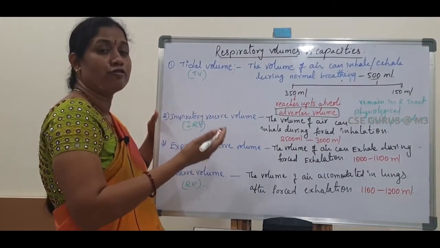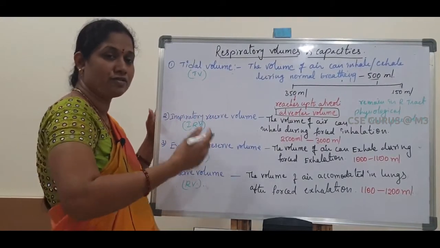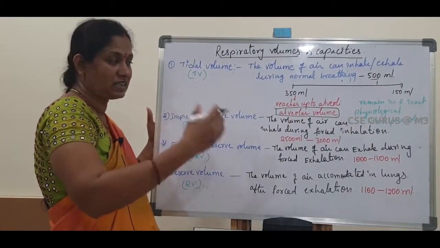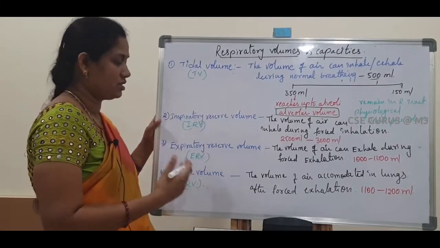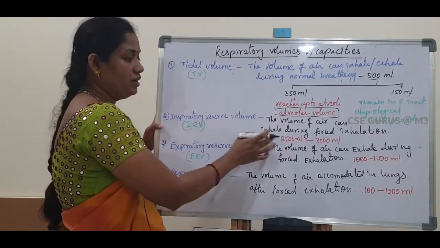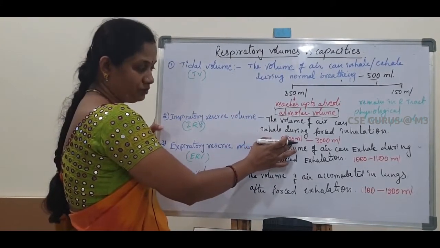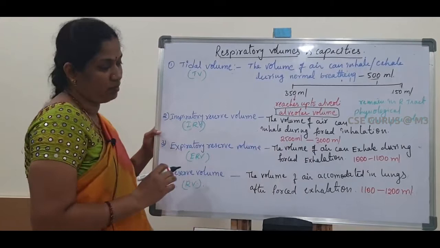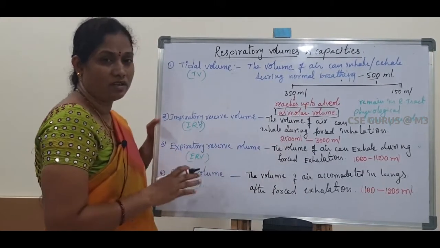So that extra amount is called inspiratory reserve volume. It is about 2500 to 3000 ml, 2.5 to 3 liters.